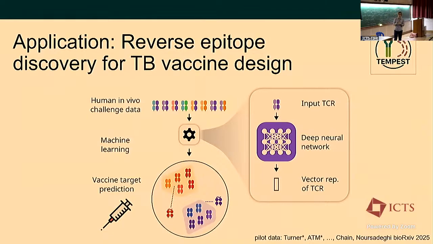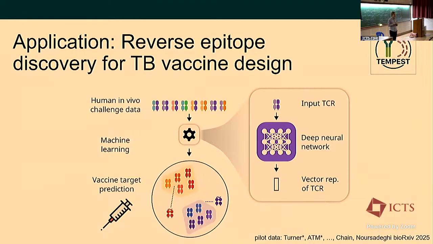in the context of tuberculosis vaccine design, where traditionally the way vaccines are designed is you take an epitope of interest and then you test it out in humans, whether it's immunogenic, meaning do you get a good immune response, and then you next test out whether it's something that might be good for protection. But at every step of that journey it's quite labor intensive and you can go down a lot of false tracks.